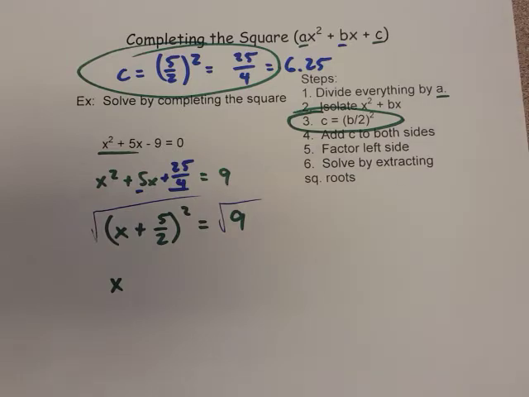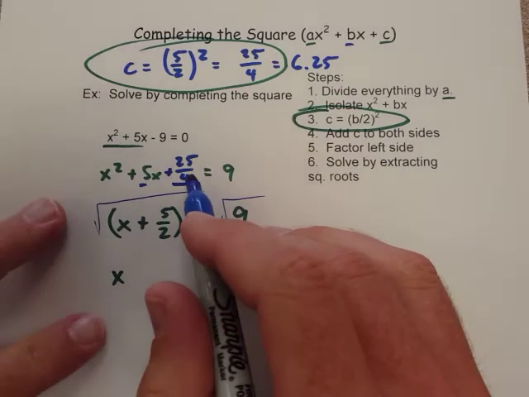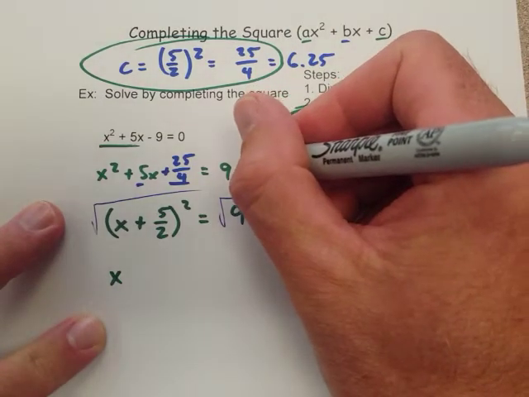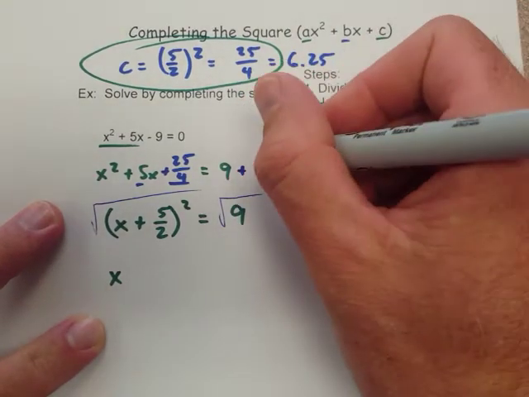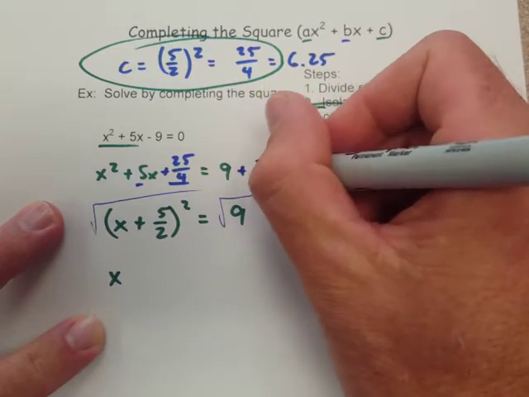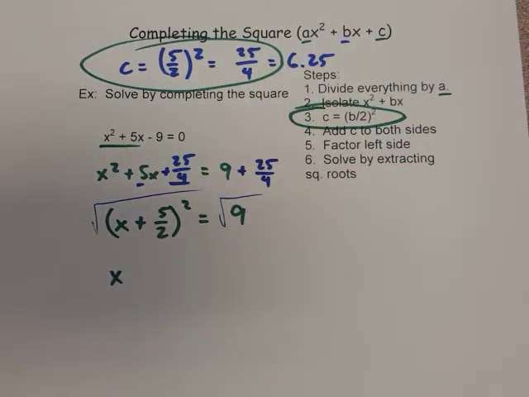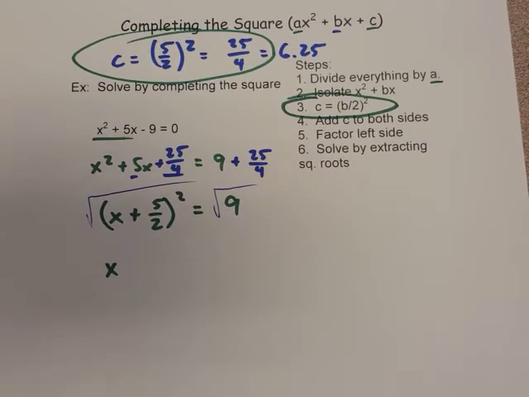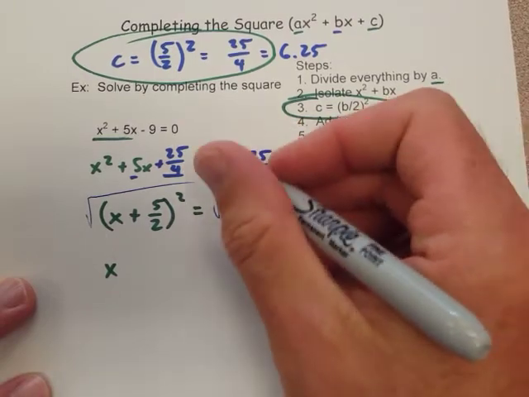I forgot totally about this, that when you do something to one side of an equation, you've got to do it to the other. So I'm going to add 25 fourths to this side. You can't just add something to anything and call it good. We have to make sure that the equation is balanced. So that means over here, I have to add 25/4.